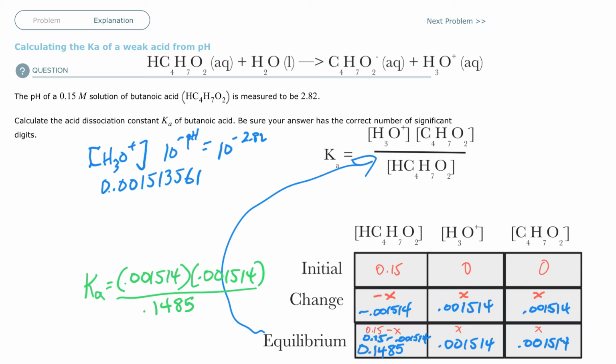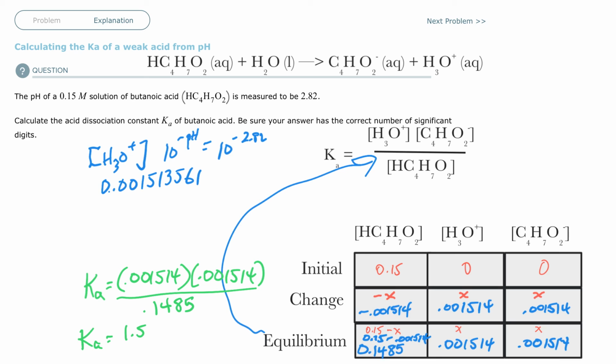So I multiply the top two and divide by the bottom. I'll do that for you. 0.001514 times 0.001514 divided by 0.1485. I get Ka equals 1.5.